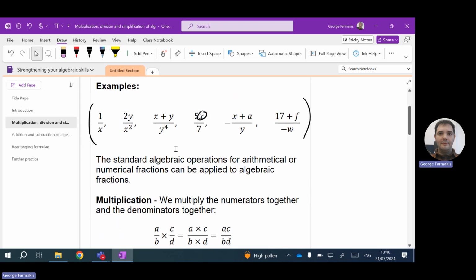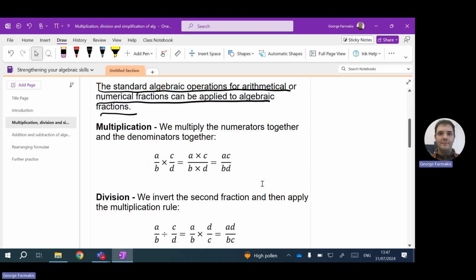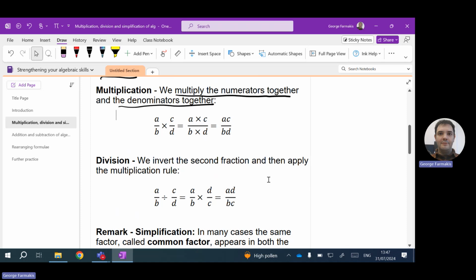In general, the standard algebraic operations that we have for numerical fractions can be applied to algebraic fractions. So for example, if we want to multiply two algebraic fractions, we just multiply numerators together and denominators together. So a over b times c over d is a times c over b times d. Now for division, we apply the same rule that we apply when we want to divide arithmetic fractions.